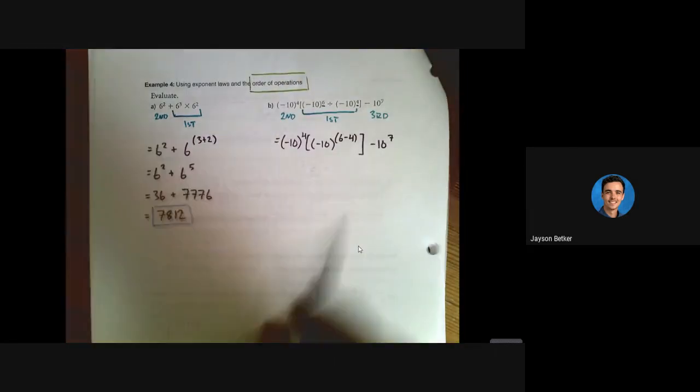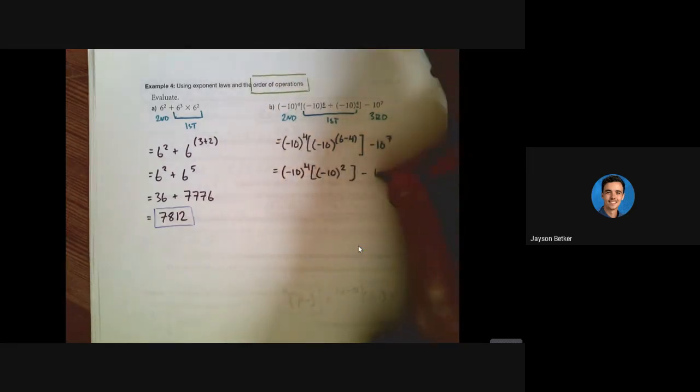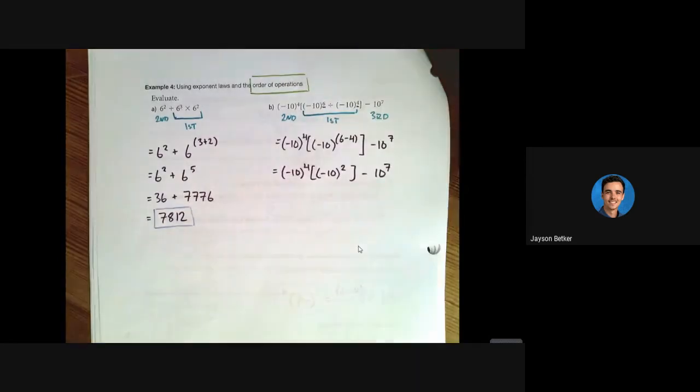Okay. Let's turn this into a number. Then we know negative 10 to the 4 times negative 10 to the 2. 6 minus 4 is 2. Now we multiply these two together. This is a multiplication because they're right next to each other, attached to each other.